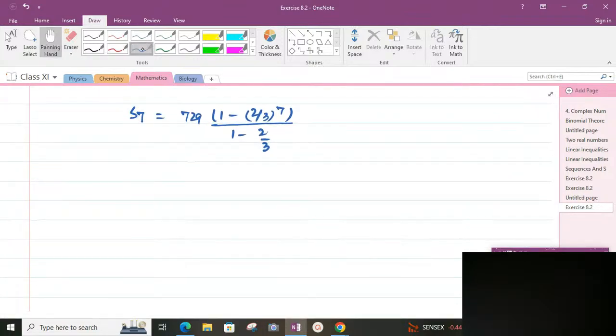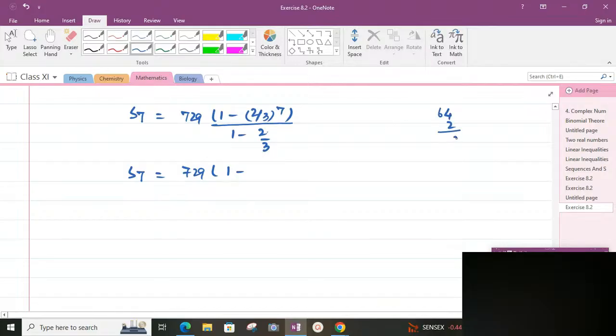So the next step here will be S7 equal to 729 into 1 minus 2 to the 7 by 3 to the 7. It means that in 6 times it will be 64 into 2, then 8, 128. So we write down here 128. 3 to the power 6 equal to 729.